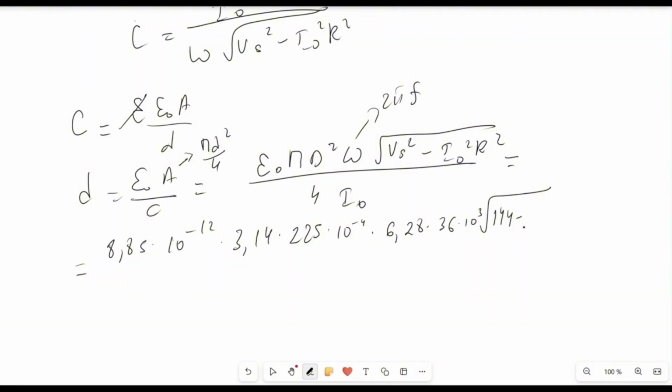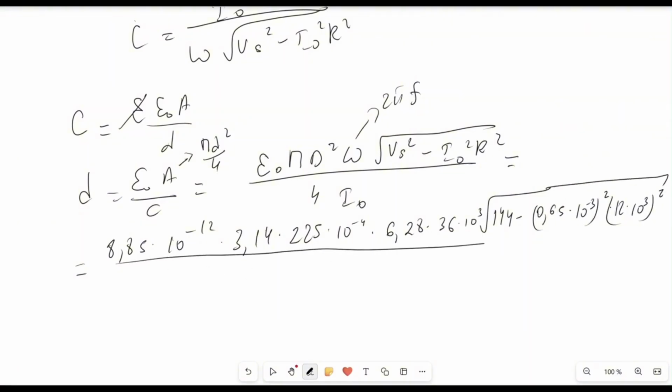We also have I0, which is 0.65 milli. Squared, also we have a resistor of 20 kilo. Also current I0 is 0.65 milli.